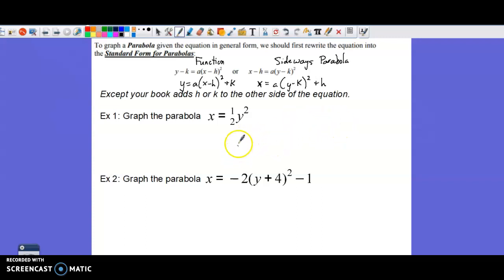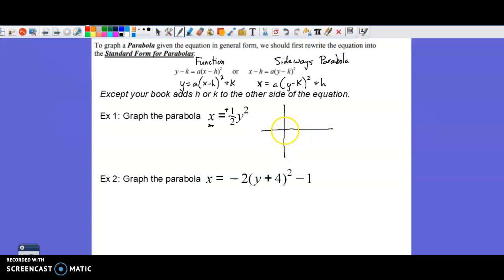You can't really say up or down for x equals. It's either to the right or to the left. But anyway, when we look at this problem, the fact that it's x equals y squared is telling me that it's opening to the right or left. And the fact that it's a positive term here, we're opening to the right.